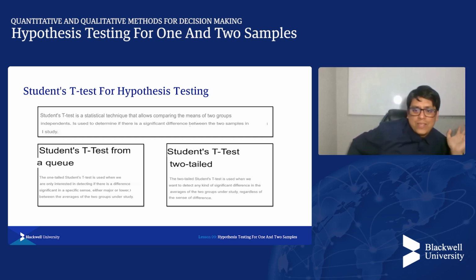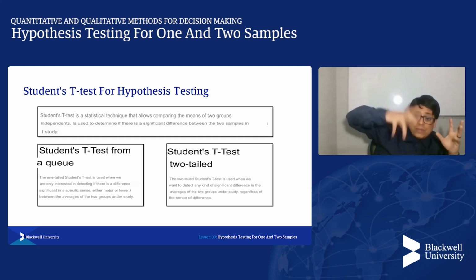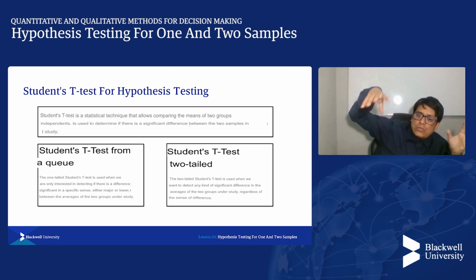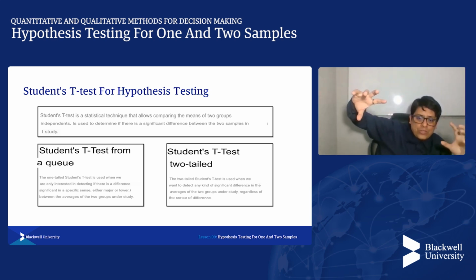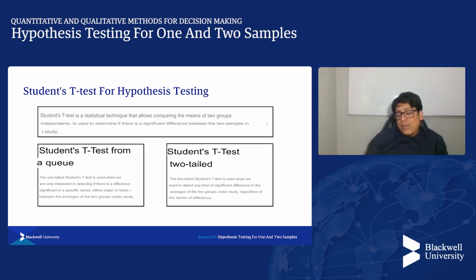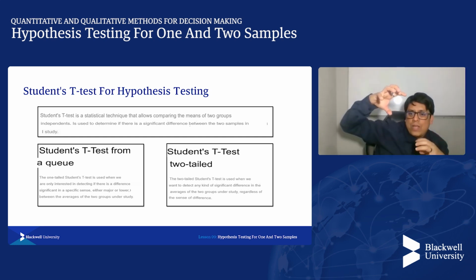Let's provide an example. Suppose we want to know if the training actually had an effect. So I will have two samples, one from the trained individuals and another from the untrained individuals. My hypothesis is that the trained individuals should perform better at work than the untrained ones. I will use a one-tailed t-test. Why? Because in this case, my hypothesis that I want to test has a direction. In other words, what I want to demonstrate is that these are greater than those.